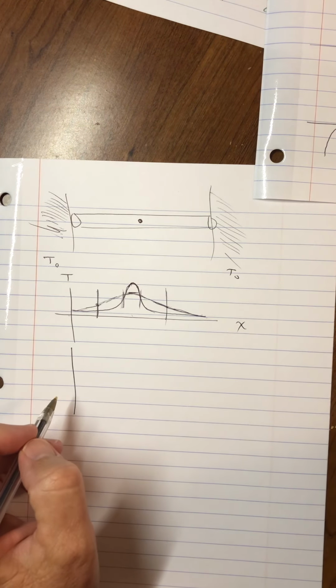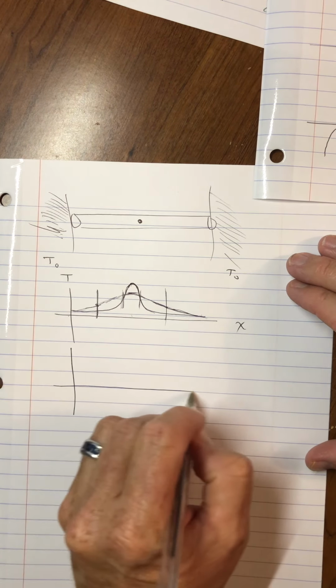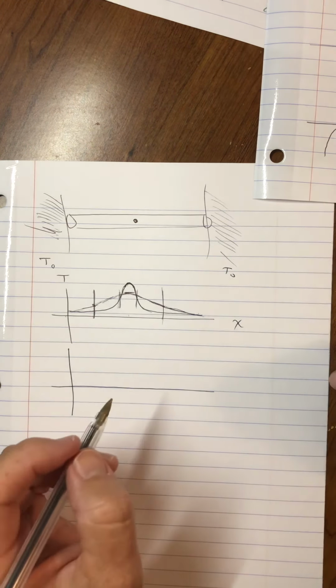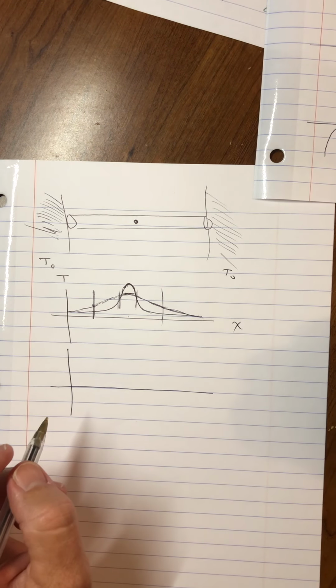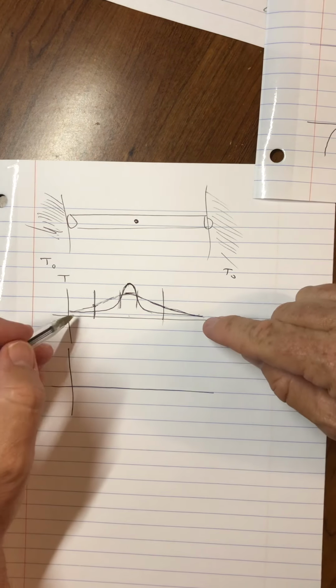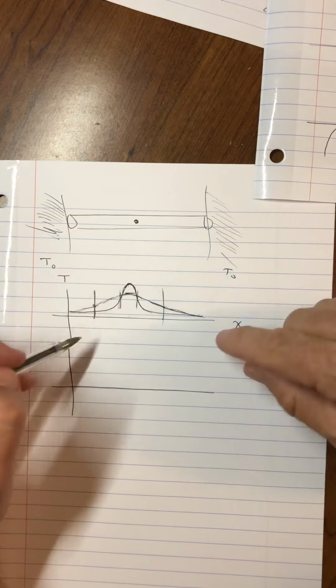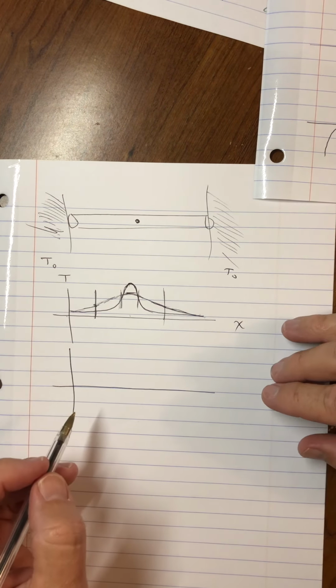Now, I kind of wish I wouldn't have put fixed ends here, because if there wasn't any place for the heat energy to go, the ends would build up. Let me do that.